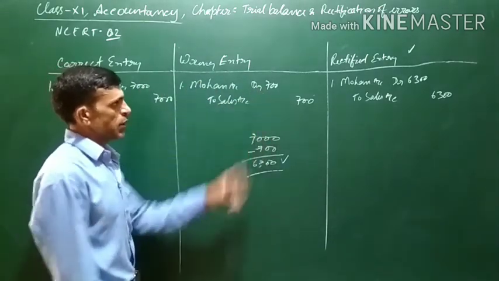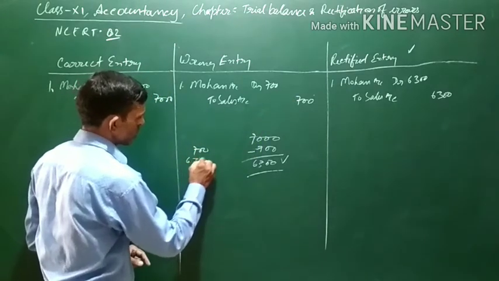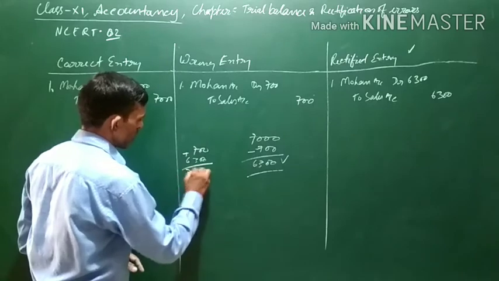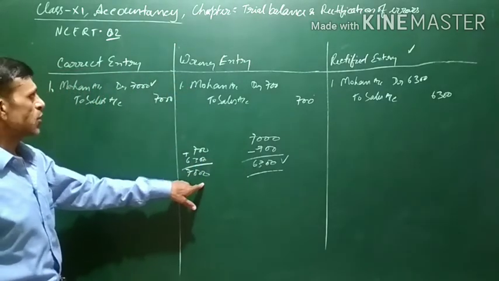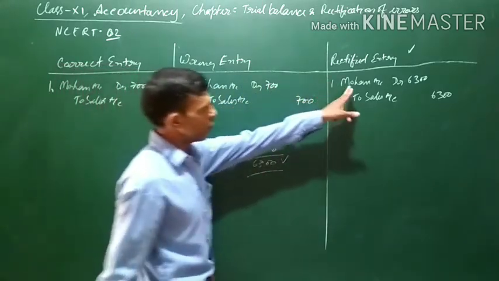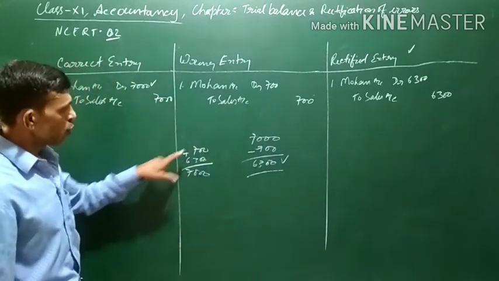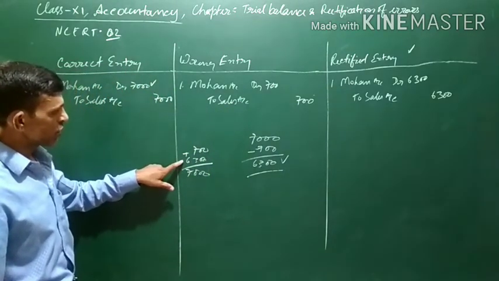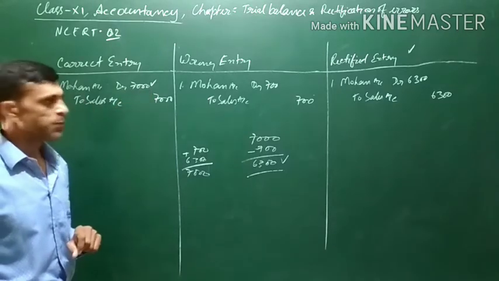So we have to debit it by 700 plus 6,300 more. So it will come to 7,000. Earlier it was debited with 700 only. Now again we have debited it with 6,300. So the total is 700 plus 6,300. This is the amount which we actually wanted.